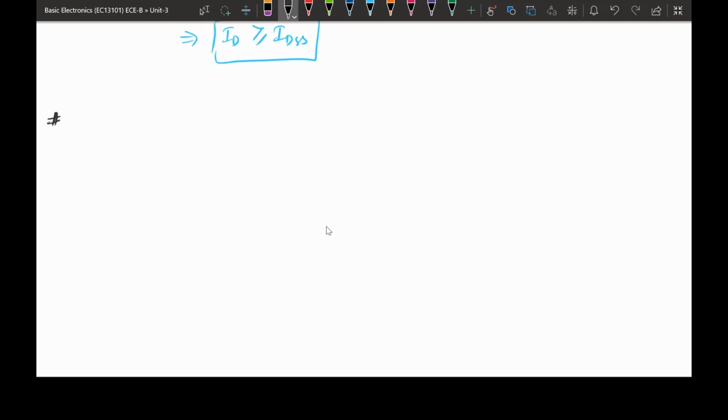In case of NMOS and PMOS, the NMOSFET is preferred over PMOS. Why is this preference there? Because in case of NMOSFET, the mobility is given by mu n, and in case of PMOSFET, the mobility is given by mu p, and we always know mu n is greater than mu p.